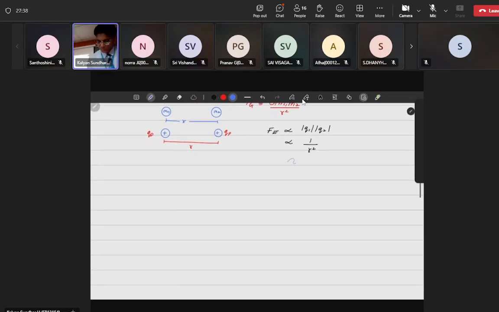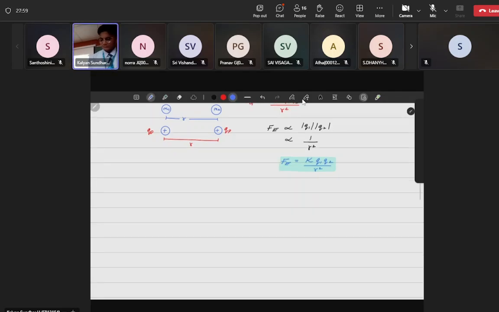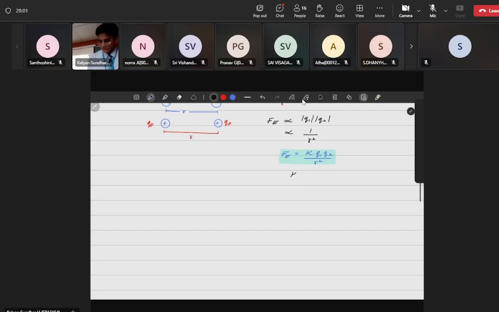And what is the constant for this? Anyone? The force will be K Q1 Q2 divided by R square, where K is nothing but your dielectric constant, which is given by 1 by 4 pi epsilon naught.